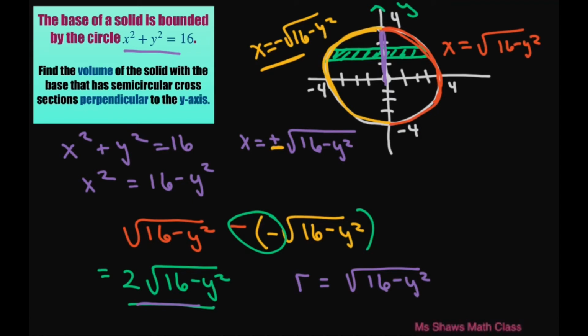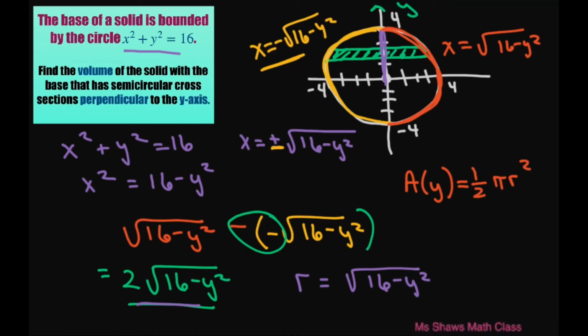Therefore, if you take the area of a circle, it's pi r squared. But if you're doing the semicircle, this right here, it's going to be 1/2 pi r squared.